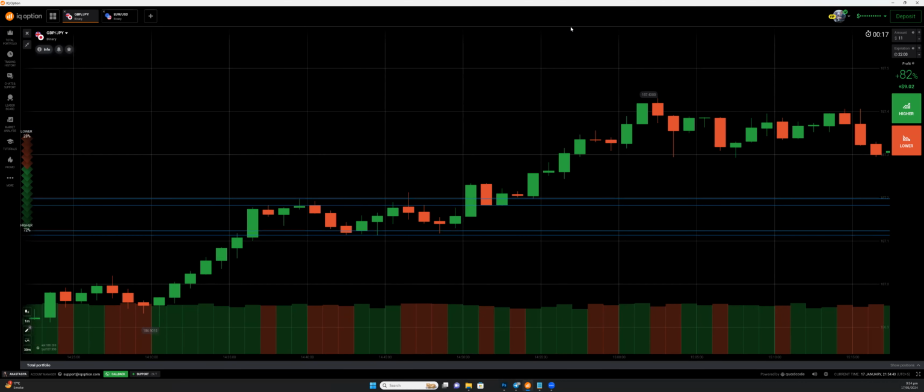Okay, for example, in the first attempt, I count that sellers failed and the buyers broke this level. I traded buy, but I failed. I'm just booking it as a loss. When it failed, what will I do then? Yes, anyone can tell me what I will do then? After failure of this breakout, I book the loss and wait for another opportunity of breakout.